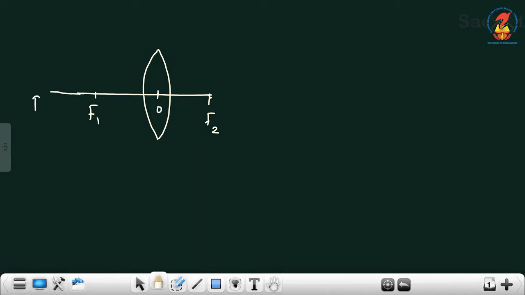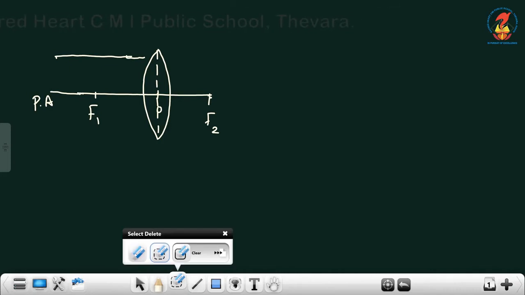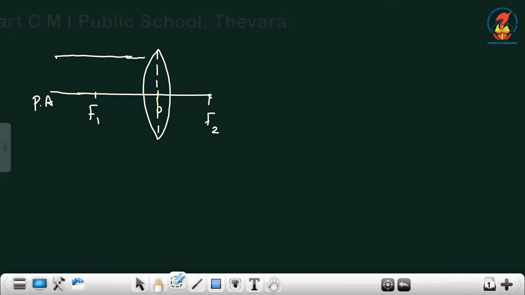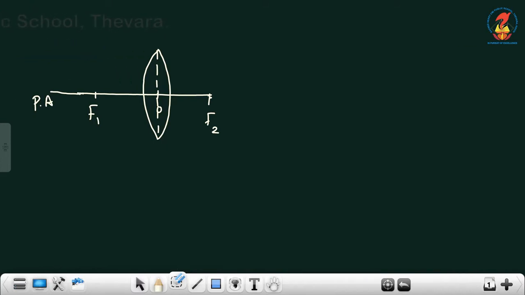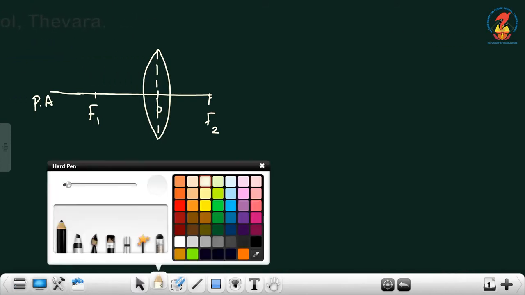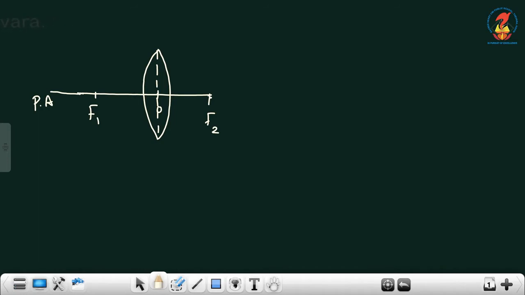Now, this one is the principal axis. I will represent it as PA, short form. A ray of light parallel to the principal axis. Here also you need to draw the optical axis by a dotted line. So, a ray of light parallel to the principal axis.